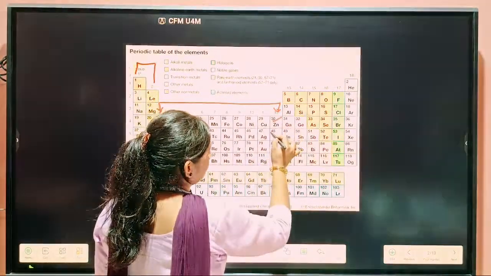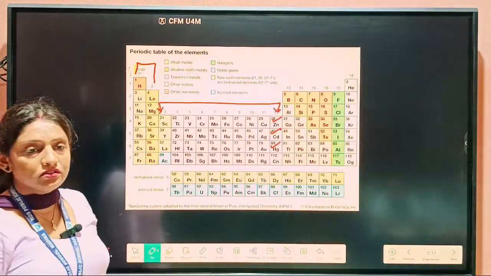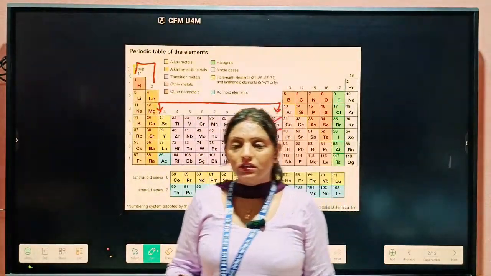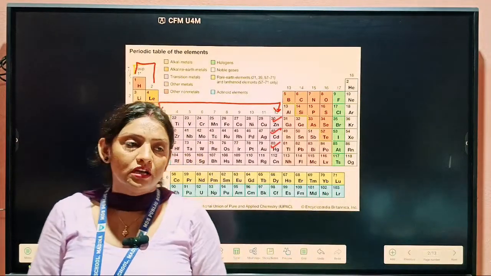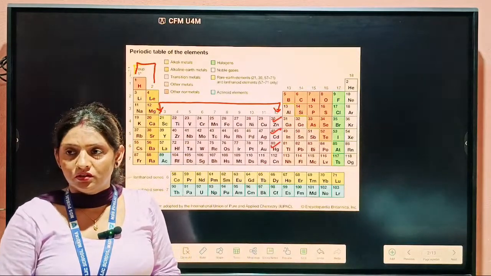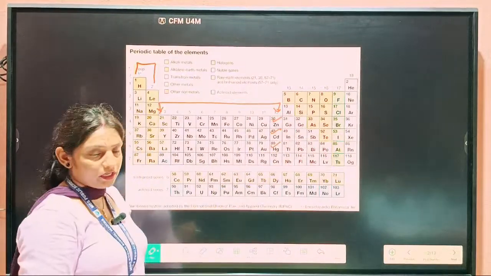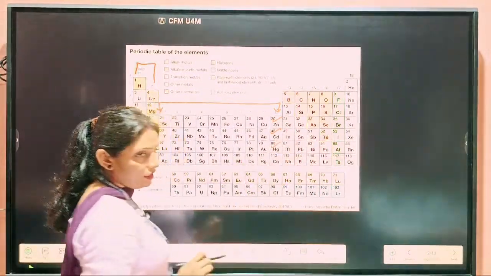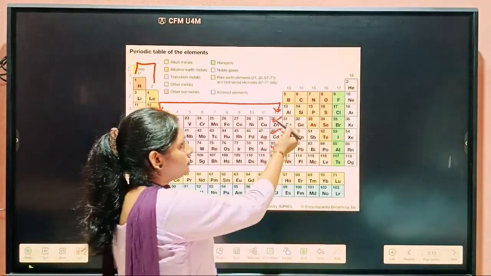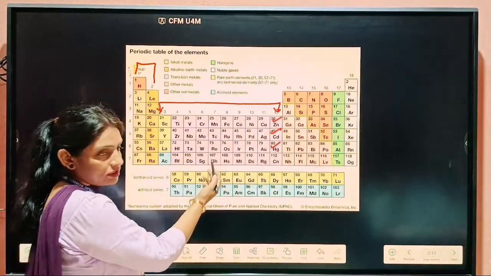Except zinc, cadmium and mercury, they are not known as transition elements because they have completely filled d orbitals. Transition elements are those elements which have partially filled d orbitals. But zinc, cadmium and mercury are metals, and they are soft metals, beta, as compared to others.